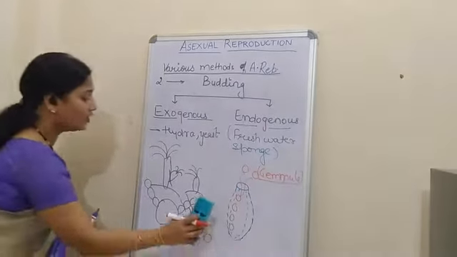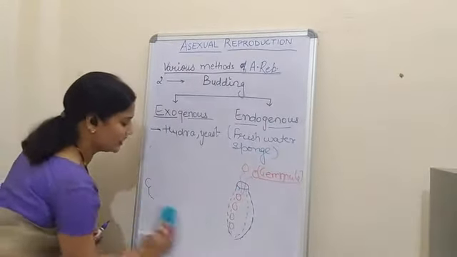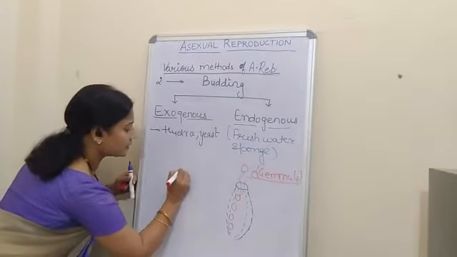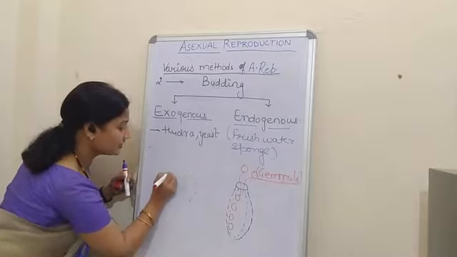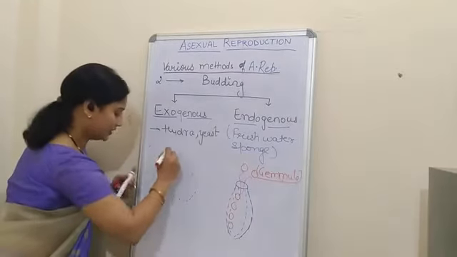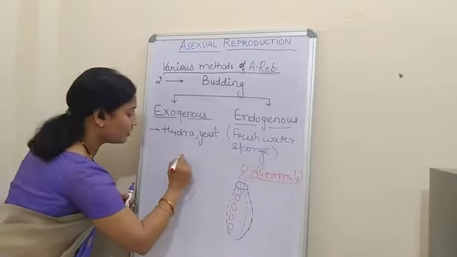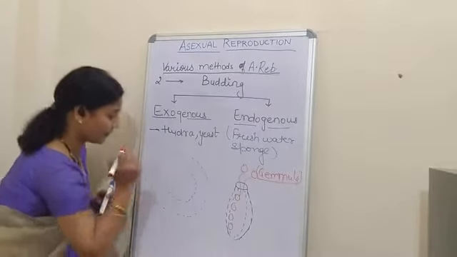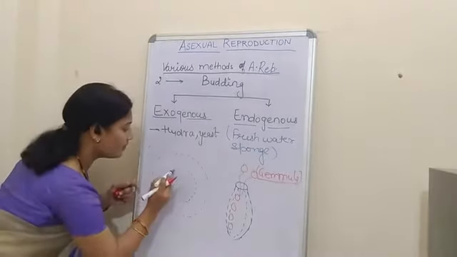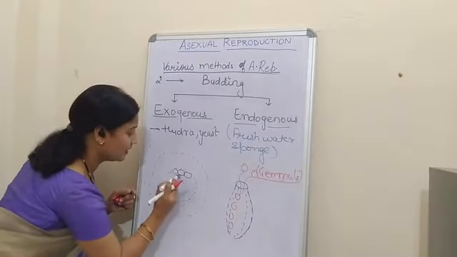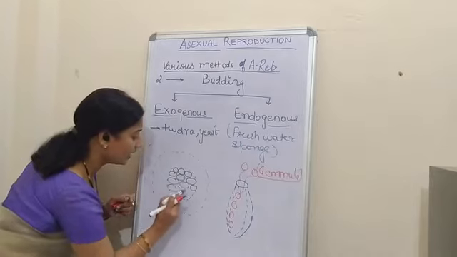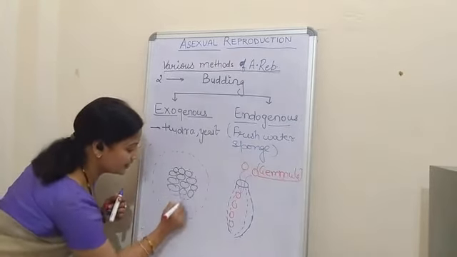Now see how this gemmule looks. This gemmule is a mass of cells which is surrounded by a gelatinous material. Now this is the mass of cells. These cells are called archaeocytes.